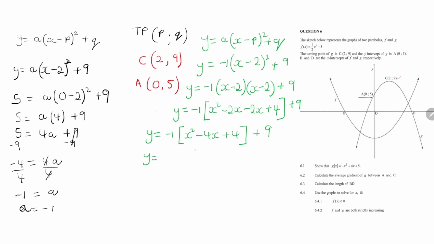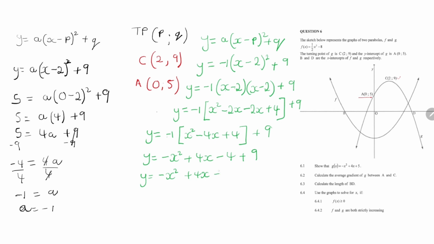So y is equal to negative 1 multiplied by x squared, that is minus x squared. Negative 1 multiplied by minus 4x, that is a positive 4x. Negative 1 multiplied by 4, positive 4, that is a minus 4. And then we bring the 9, which is plus 9. So y is equal to a minus x squared plus 4x minus 4 plus 9.